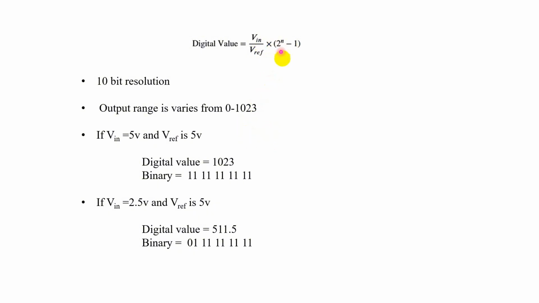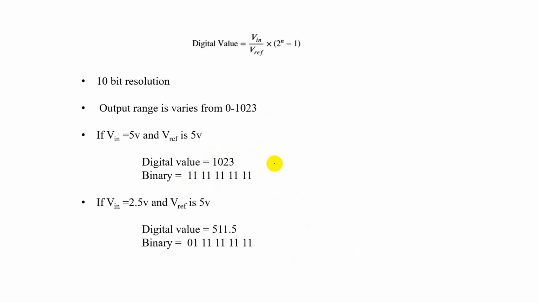So 1 into 1023, we will get the digital value 1023. The digital value we get as a decimal value. When we convert the decimal value to binary, we get a 10-digit binary value. The maximum value is when all bits are 1.